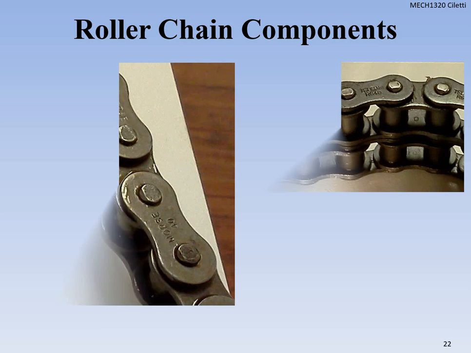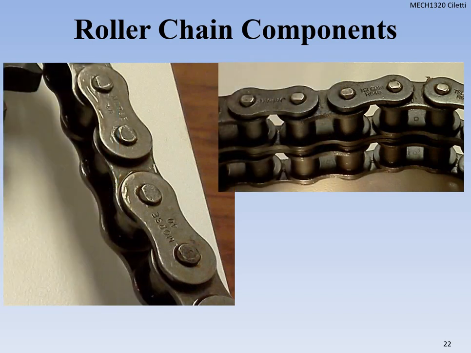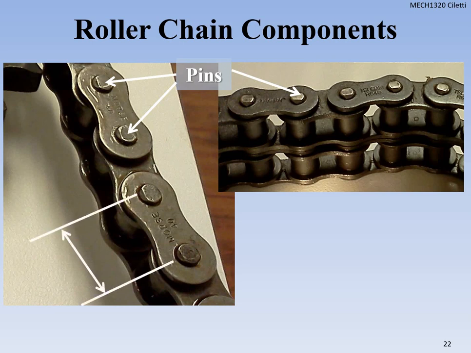Okay, so the different components, if we look up close, all right, so we can see those are the pins on the chain. Okay, and you'll see these when you actually do the chain drive lab as well, but those are the pins. Okay, this is called the pitch, right? The distance between the pins on each one.